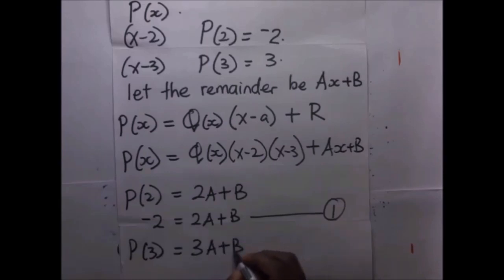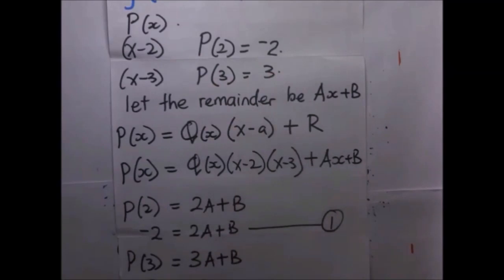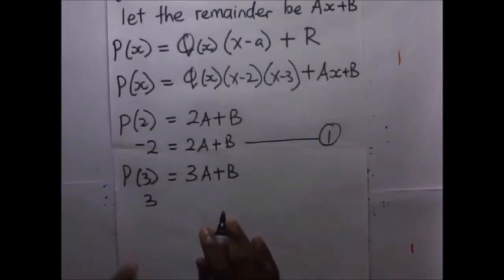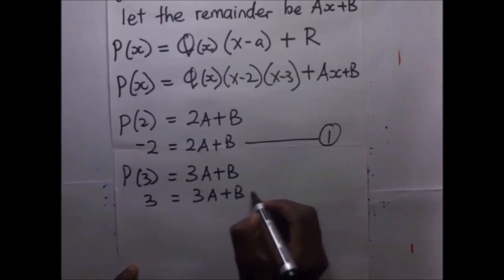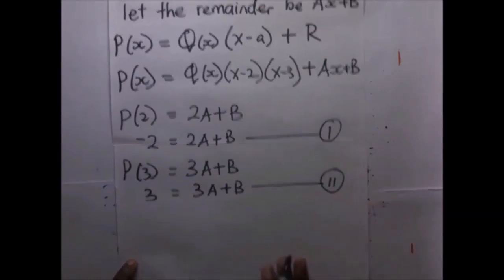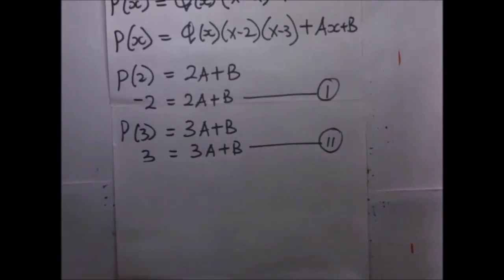Remember, p of 3 is 3, so 3 is going to give us 3a plus b. That's our second equation. So we have two equations. All we have to do is simply solve them simultaneously.